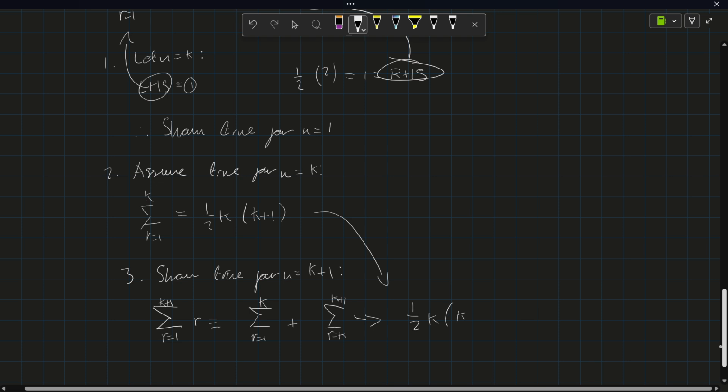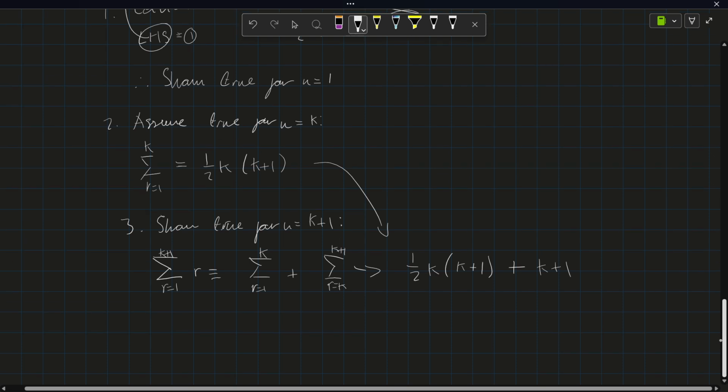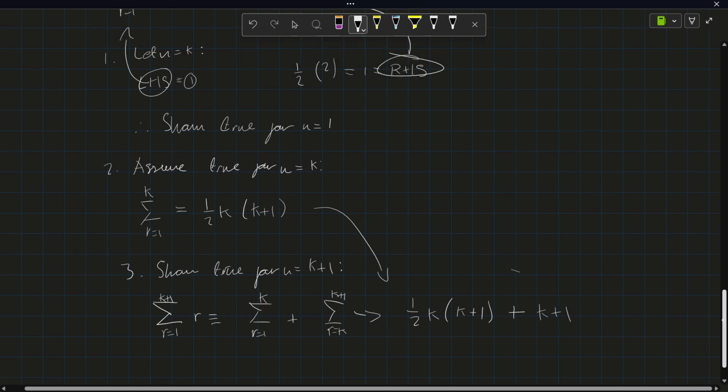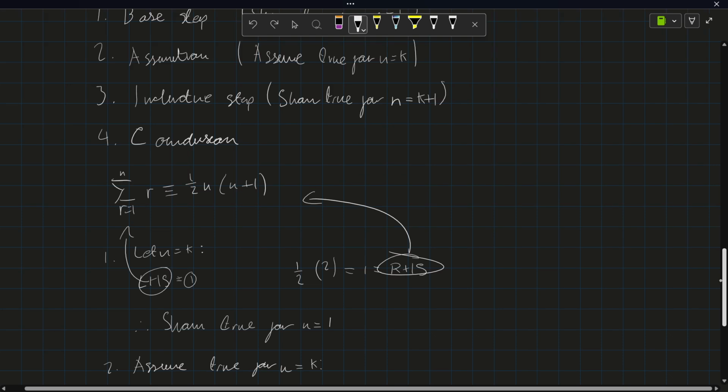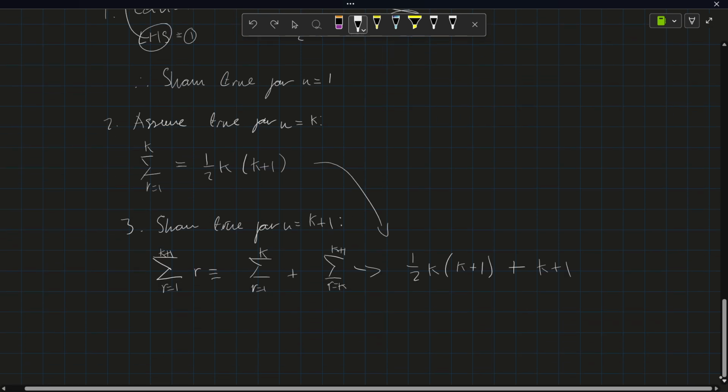It's 1 over 2 k times k plus 1, plus k plus 1. We just insert it into here. And then what we want to do is get this current expression to look like this. So every n should be a k plus 1, which we can do by factoring out k plus 1. So I'll put brackets around here.